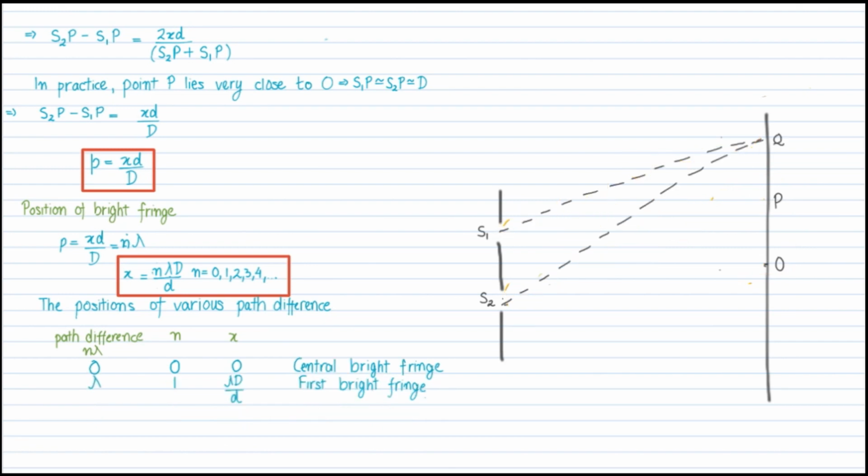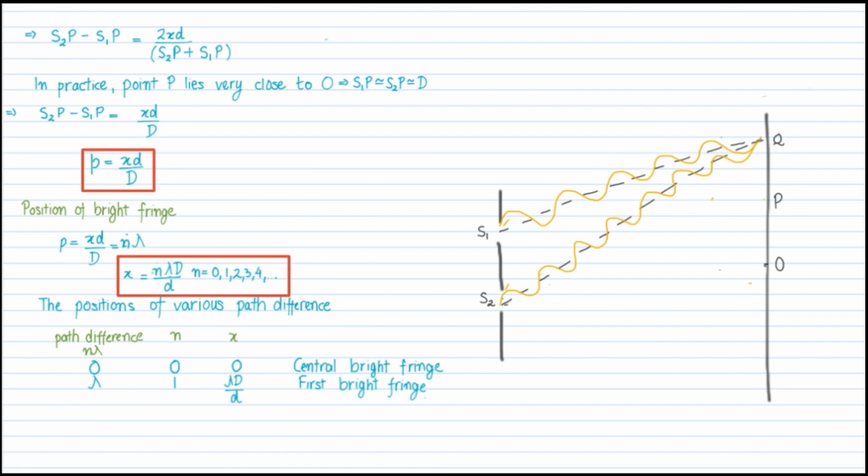Now let's consider another point Q. 1 wavelength, 2, 3, 4, 5 wavelength. From point S2, 1, 2, 3, 4, 5, 6 and 7. So you have 7 wavelengths.